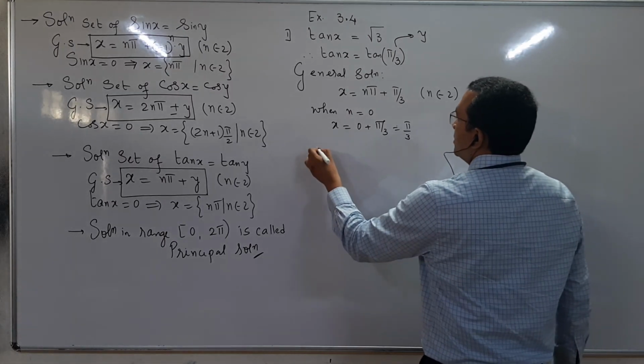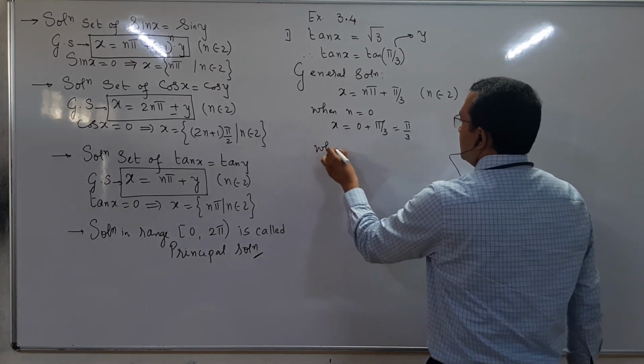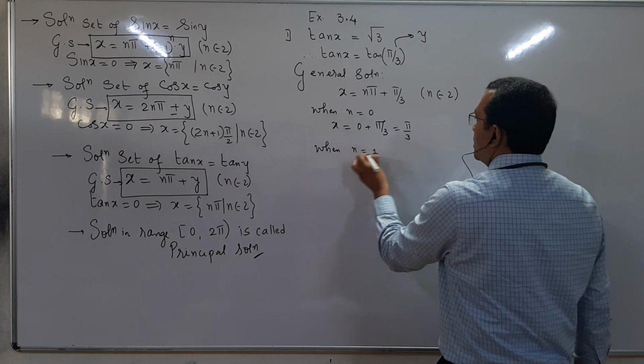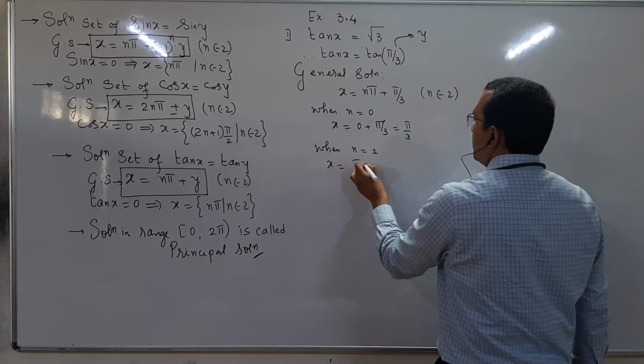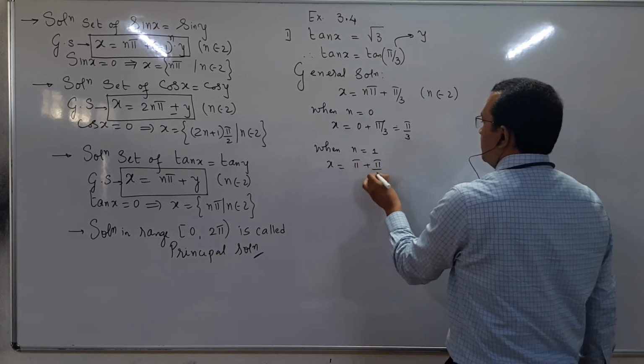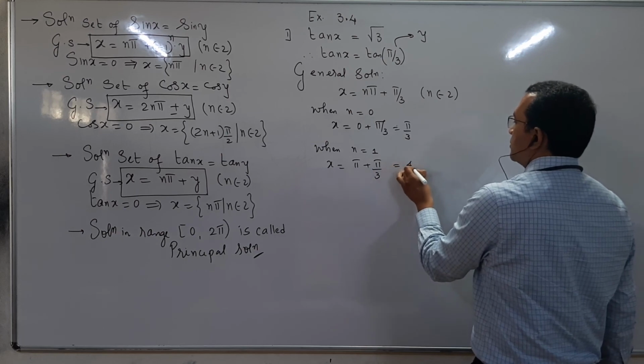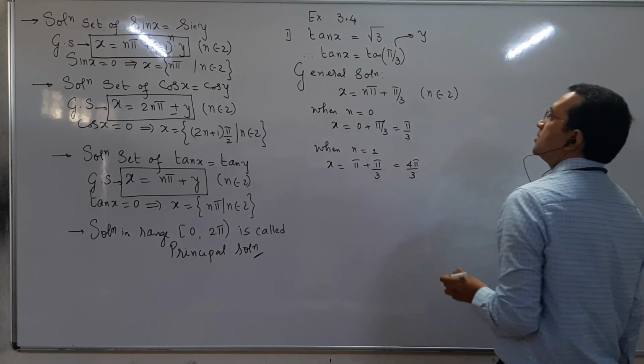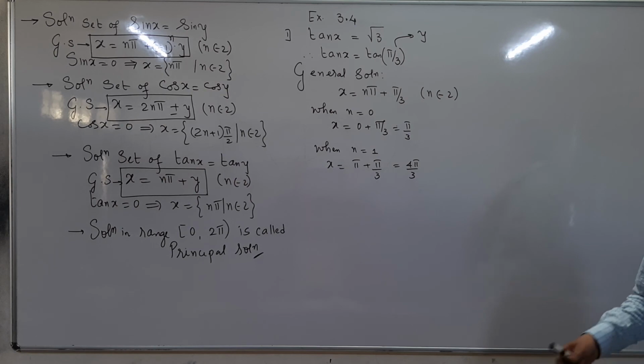Then when n is equal to 1, I get x is equal to pi plus pi by 3, and that is equal to 4 pi by 3. Negative values we don't have to consider, because when I take n as negative, I am going to get a negative answer.